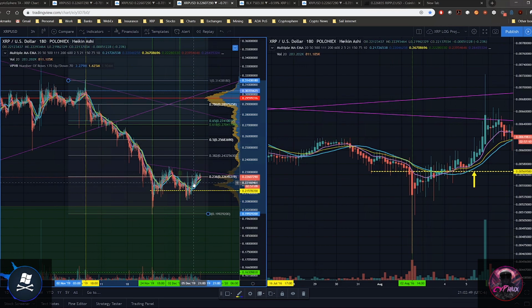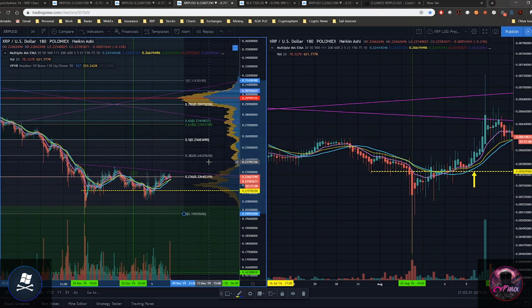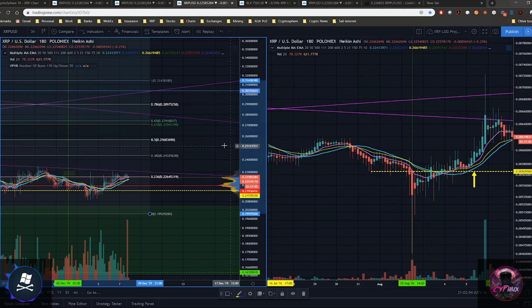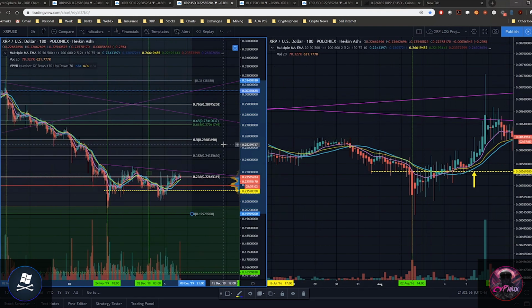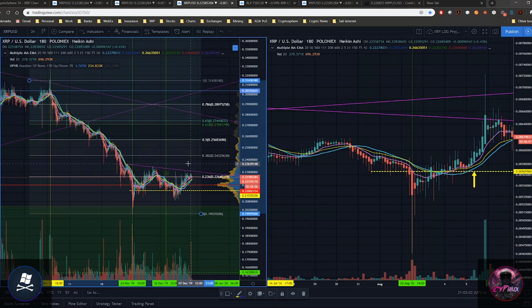We will see other levels of resistance along the way up, and that's why we go up and down, up and down. You're going to see where it hits resistance and falls back on support, and it does follow fib retracements.